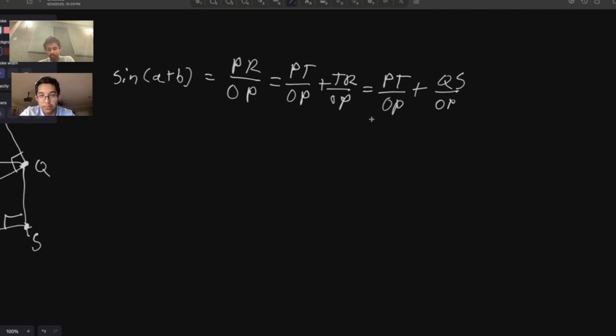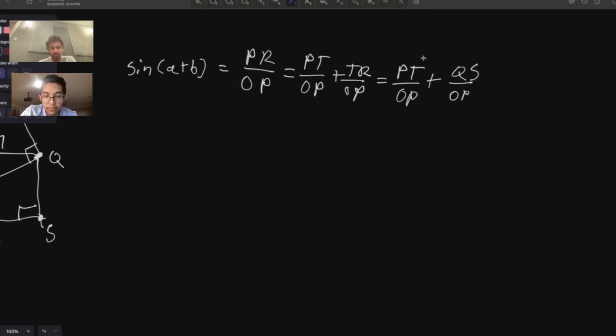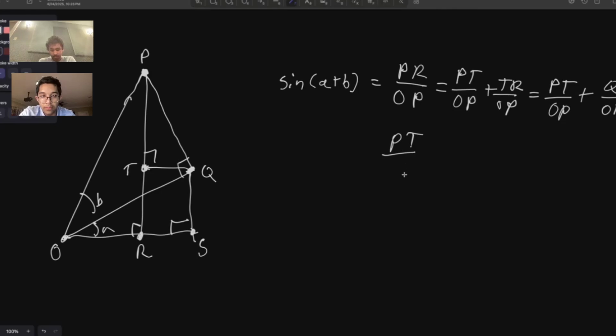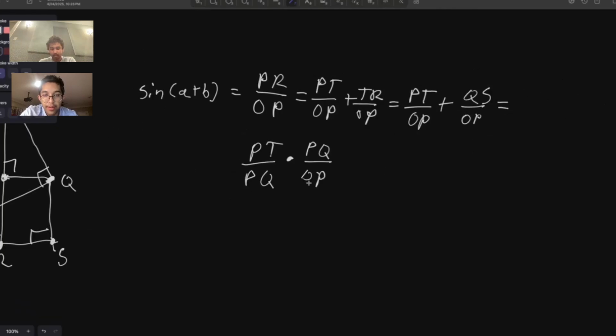Now, what I can do is I can just say that is equal to PT over PQ times PQ over OP. And what does this equal? It would just be PT over OP.